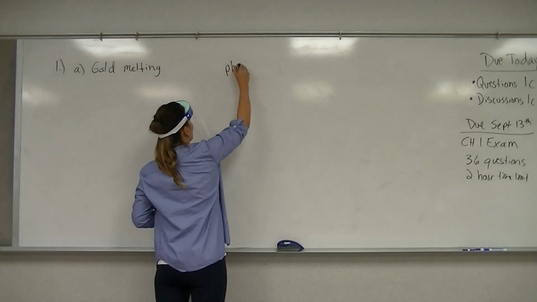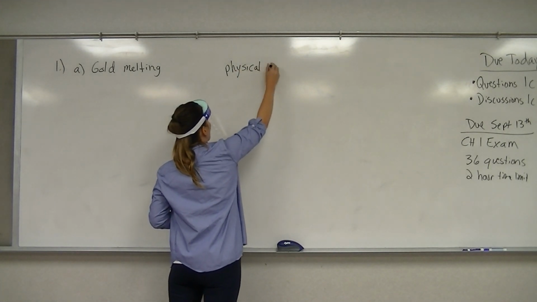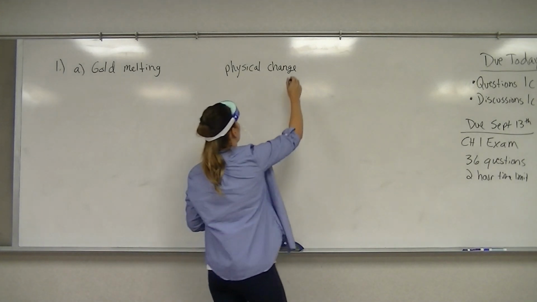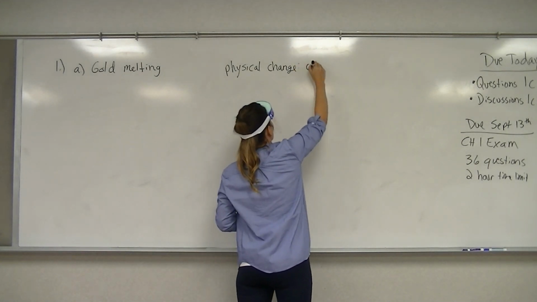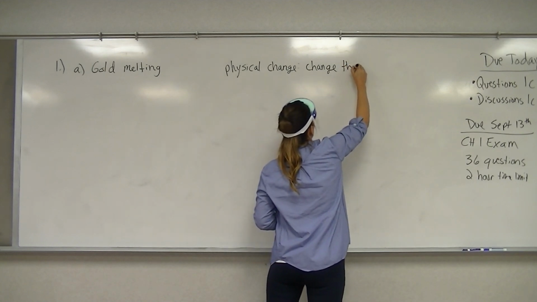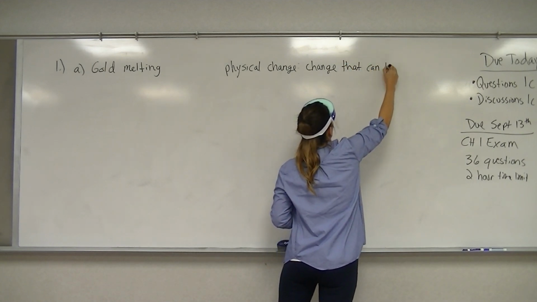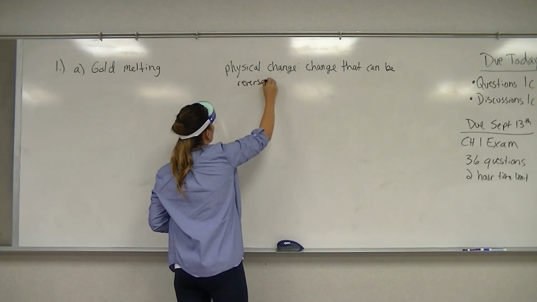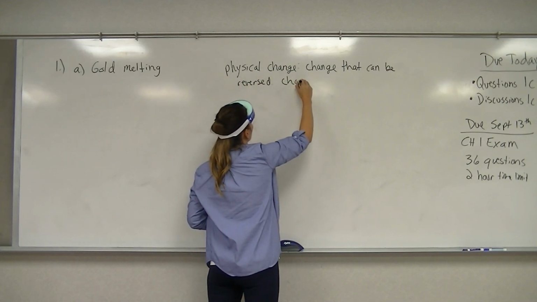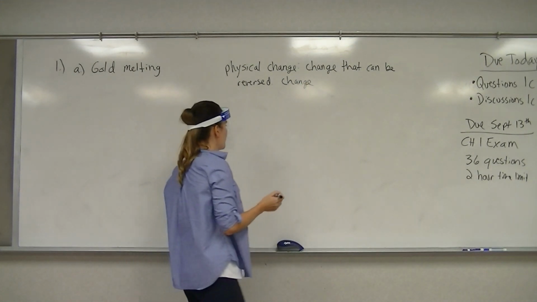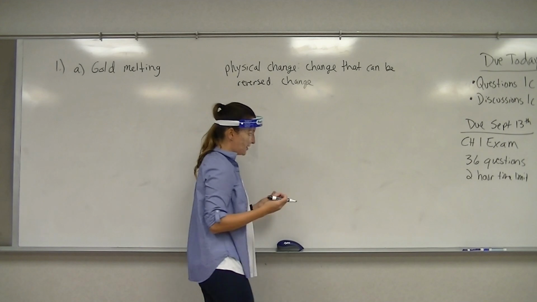For physical change, your book's going to give you a more elaborate definition. It's usually a change that can be reversed, is one way to recognize it. It's also a change in, what's the word I'm looking for?